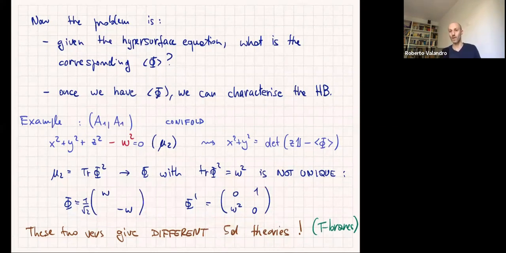So this is a phenomenon that is known as T-brane, which is simply telling us that the M-theory geometry, in this case, is not telling us everything about the low energy physics. You need something more. In a dual type IIA, you have this Phi. In M-theory, it's not completely clear how to implement this data. In this setup, since we are describing this threefold by using this Phi, we have this data.